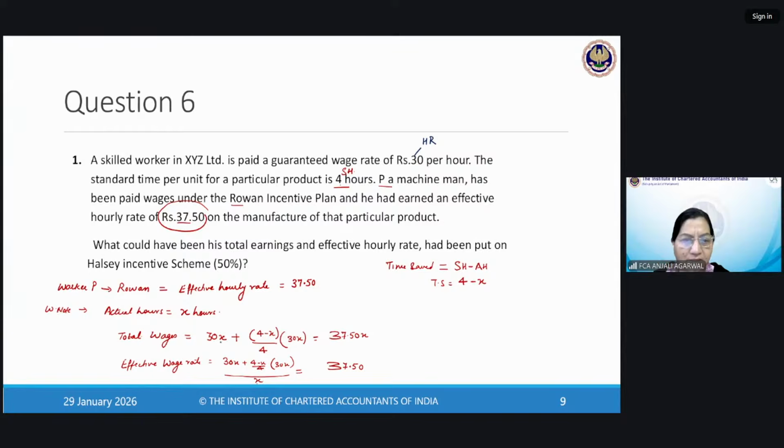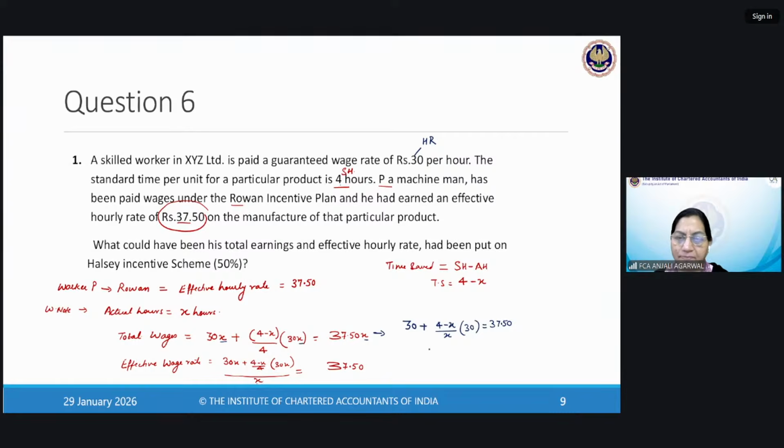This term has an X, this term has an X, and this term has an X in multiplication. So you can divide the entire equation by X and you'll end up with a simple equation: 30 plus (4 minus X) upon 4 into 30 is equal to 37.50.